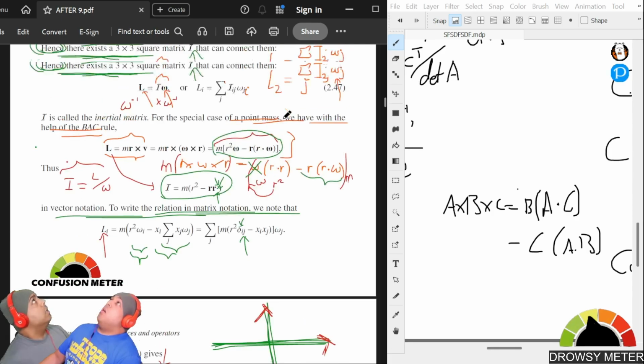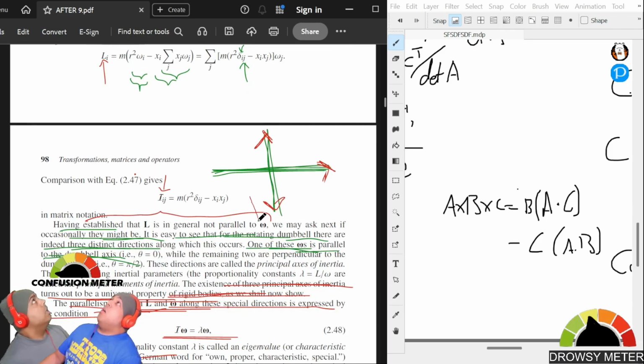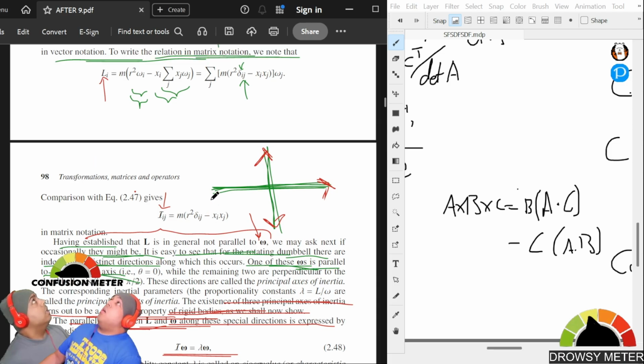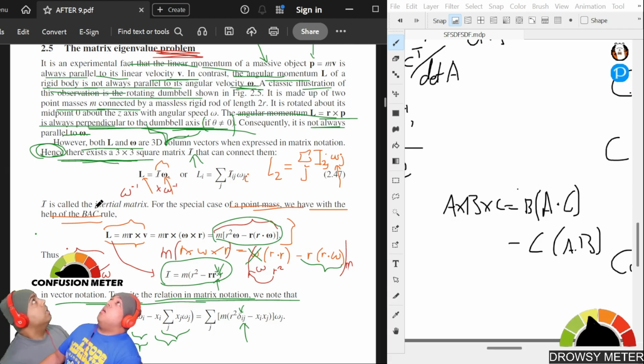If the determinant in general exists, then we can say it's in general parallel to omega. Oh my god.